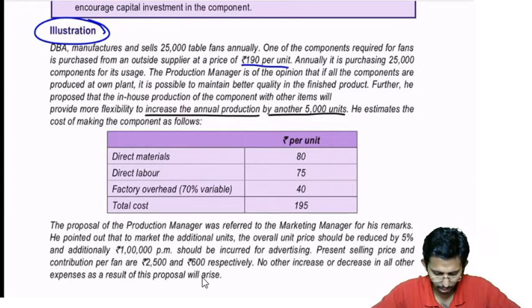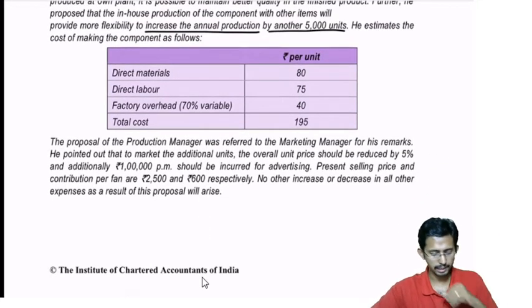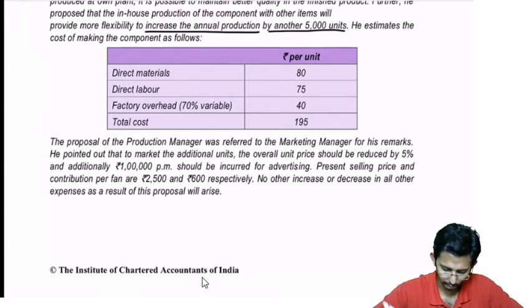Now he estimates the cost of making the component will be as under: materials 80, direct labor 75, factory overhead 70% variable 40, and total cost will be 195.